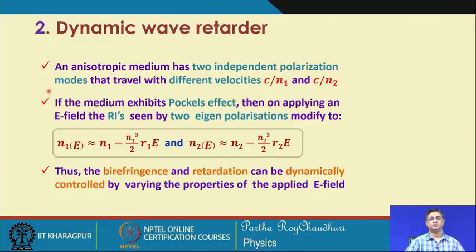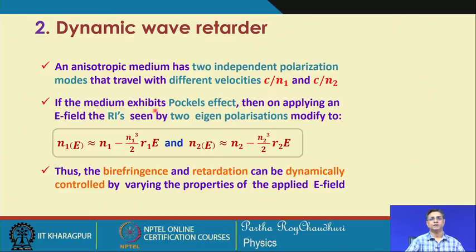The basic philosophy is that this anisotropic medium has two independent polarization modes, and they have two different phase velocities inside the crystal, but because of the different phase velocities they will develop a phase difference, which will lead to a phase delay, and this phase delay, that is the retardation, can be controlled by externally applied electric field.